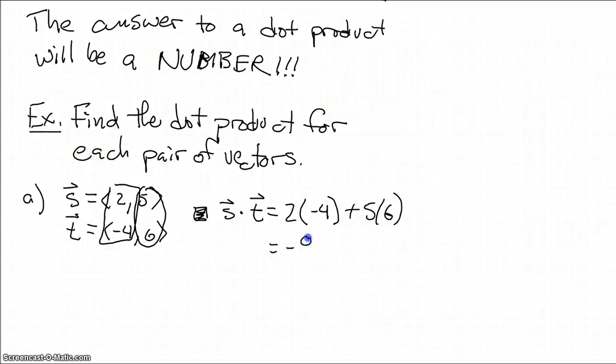So I get negative 8 plus 30, which is going to give us 22. So it's kind of like multiplying vectors. It's not exactly like that, but you could think of it kind of like that. So when we multiply these two vectors, when we get the dot product, we're simply going to get a number. In this case, it's 22.